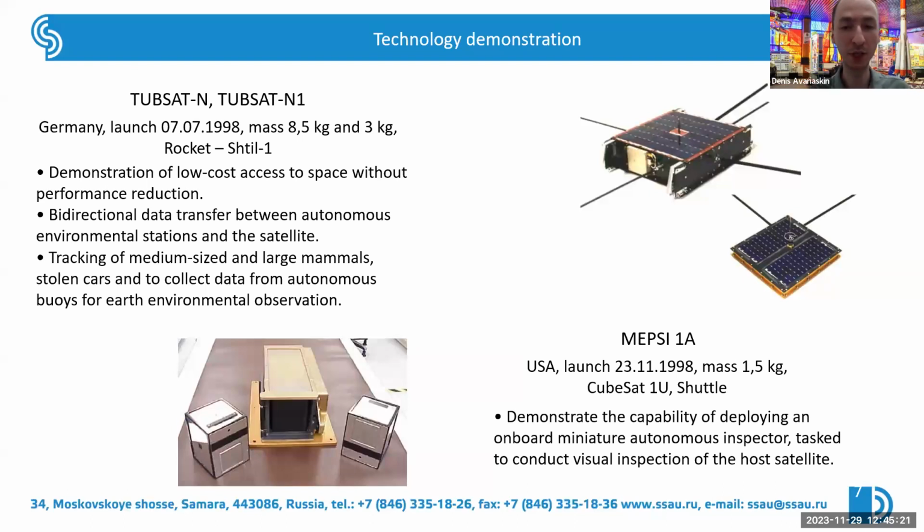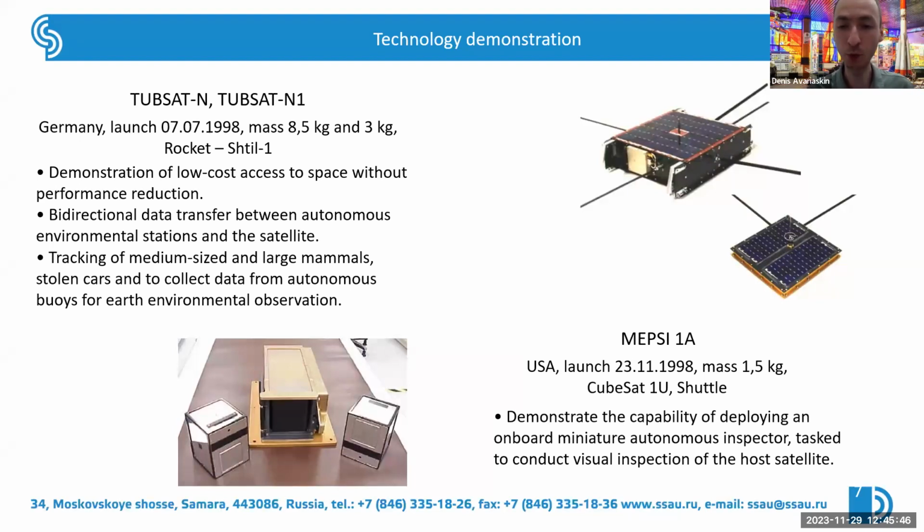These two spacecraft had masses of 8.5 kilograms and 3 kilograms. So basically, both of them were nanosatellites, and they were launched a very long time ago. So nanosatellites became popular quite a long time ago.